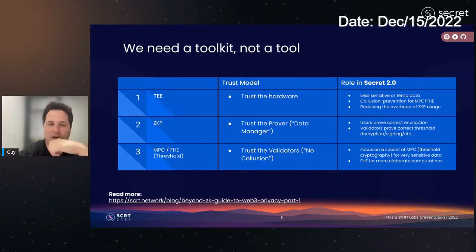You can trust MPC and FHE as it is, because at the end of the day, the attack vector is much simpler. In blockchain, let's say in Cosmos, if 1/3 of the validators don't produce blocks, then the chain halts, and it's very easy to see who produced blocks and who didn't. So there's accountability, there's actions you can take.